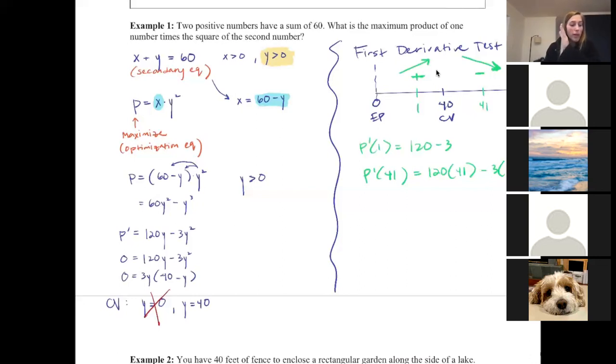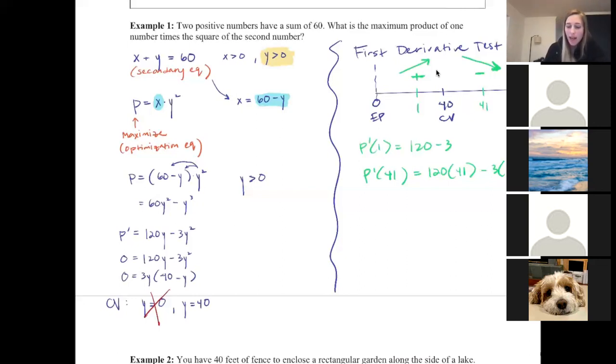So whenever 40 is the input, the question is, what is the maximum product?